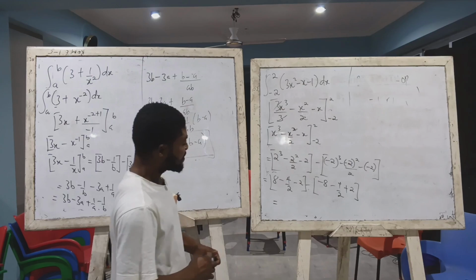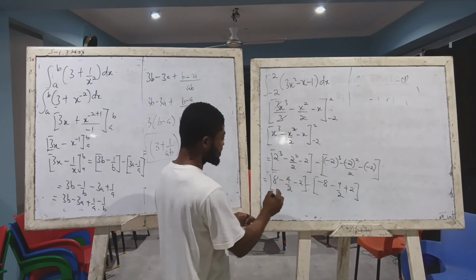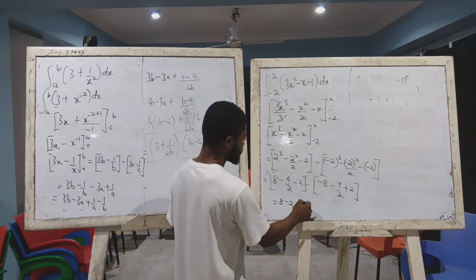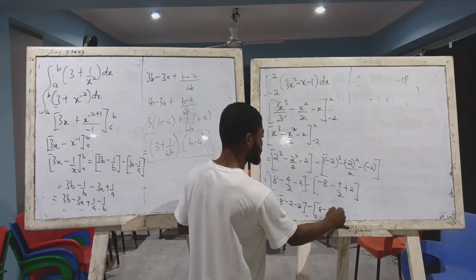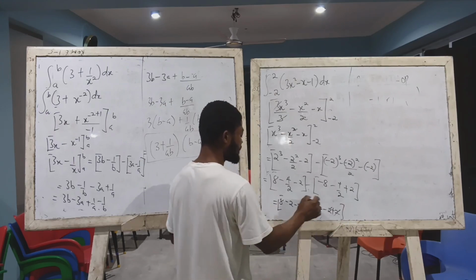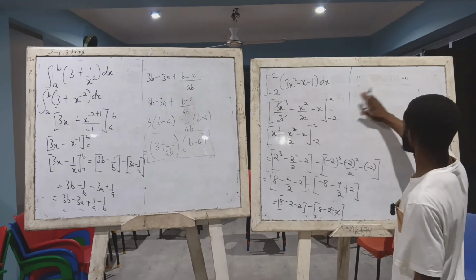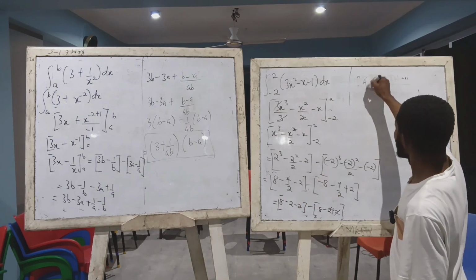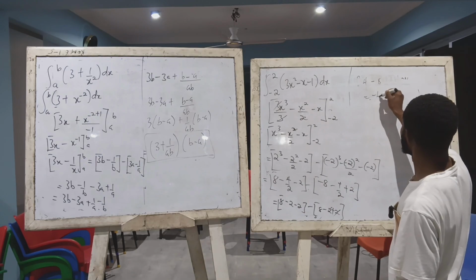So from here we see this to be 2, so it's going to be 8 minus 2 minus 2, all minus 8 minus 2 plus 2. This away, we have 8 minus 2, that should be 4, and then minus 8, that should be negative 4.